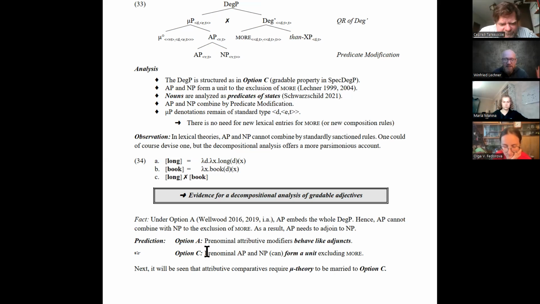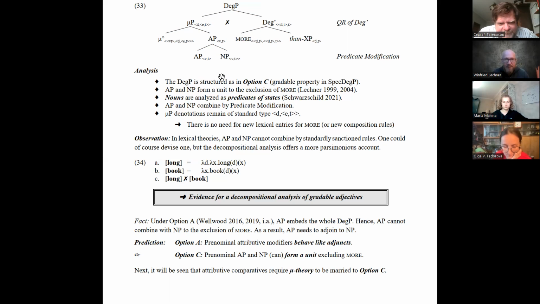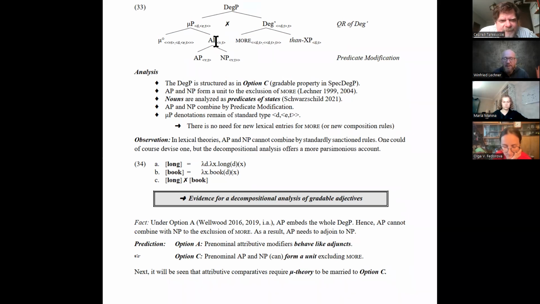On option C, the one that is spelled out here, things look quite different. Because here we have long, here we have book. So long and book basically form a constituent, and the than phrase is external to that. So on that conception, we assume that the AP and the NP form a unit, and that leads us to expect that prenominal modifiers don't necessarily behave like adjuncts to a head noun.